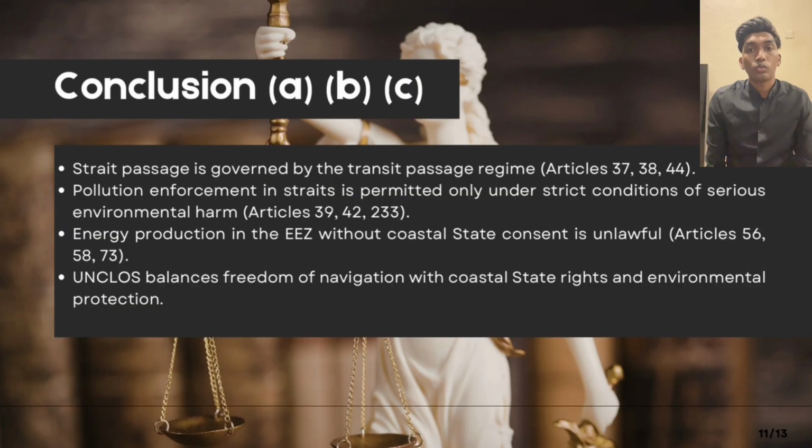In addition to these legal rules, this case also highlights the responsibility ships have to cooperate carefully to protect the marine environment, while coastal states must exercise their powers fairly and according to international law. Therefore, UNCLOS not only provides legal clarity but also promotes sustainable and peaceful use of the world's oceans. Thank you.